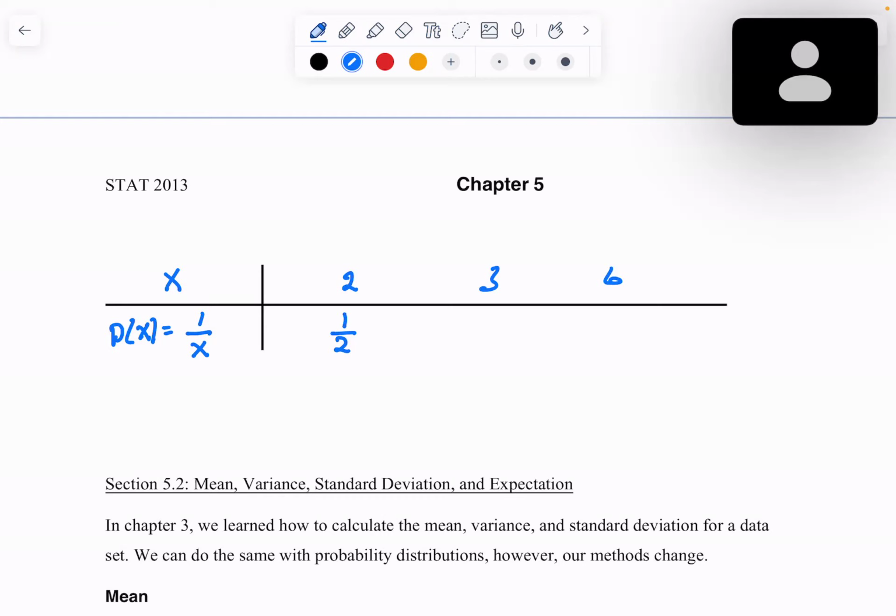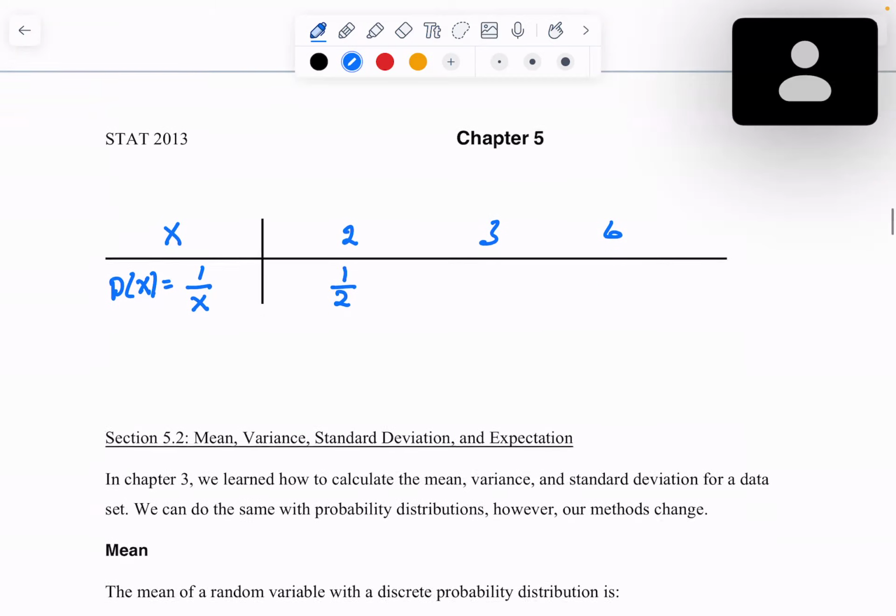Not 3 halves, but remember, it's just 1 over the number. So in this case, it's just 1/3. And then finally, what's the probability of x equaling 6? A sixth, right?